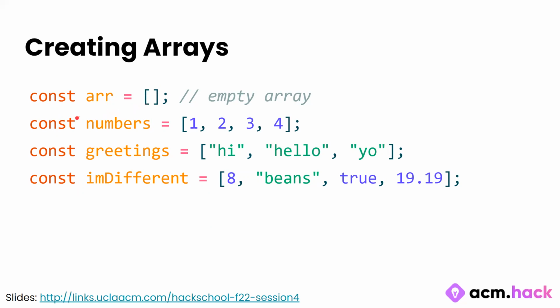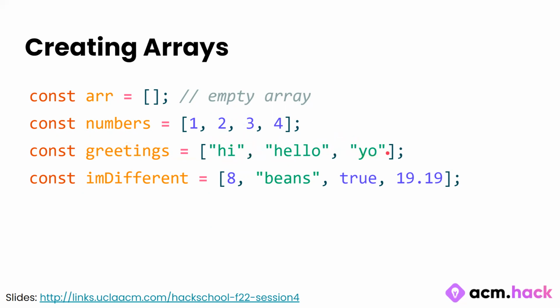For example, I can declare an array of numbers and assign it to a numbers variable, storing 1, 2, 3, and 4, with the values separated by commas. In this other example, I'm storing a bunch of different ways to greet people: hi, hello, and yo.